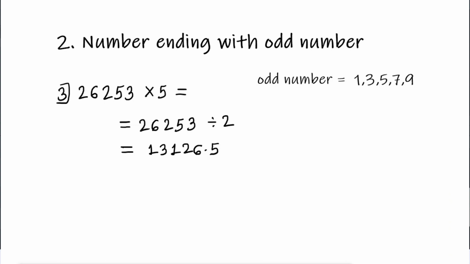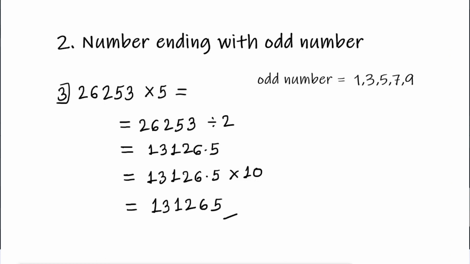Now the second step: multiply the number by 10. 13,126.5 multiplied by 10 gives 131,265. The final answer is 131,265. So by using these two techniques, we can solve problems that are multiplied by 5.